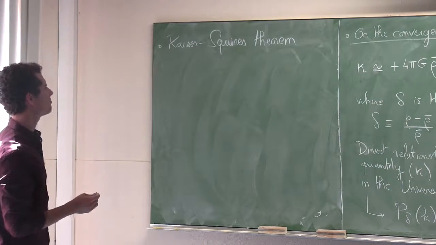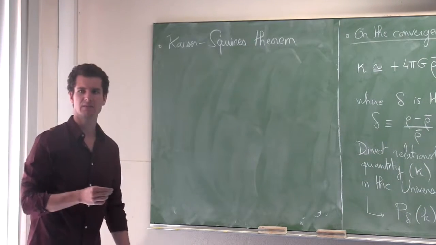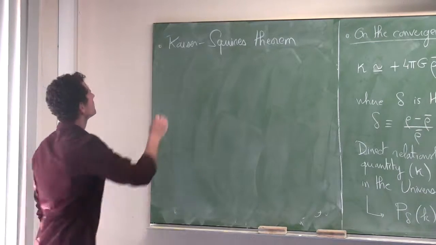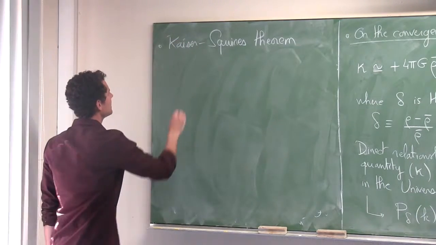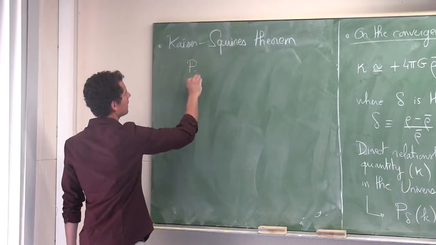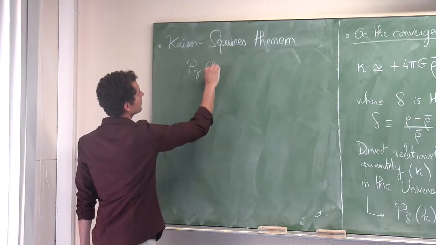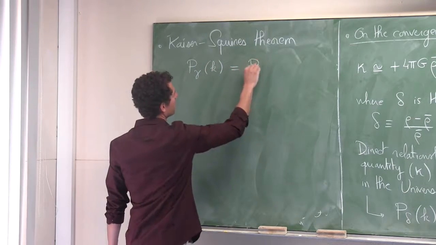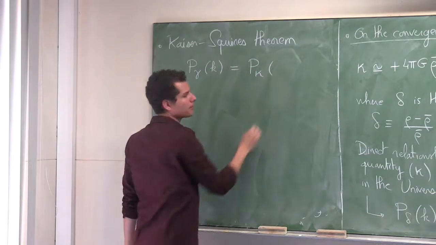I forgot the date, the 80s, 90s, something like this. It says that the power spectrum of the shear is the same as the power spectrum of the convergence.